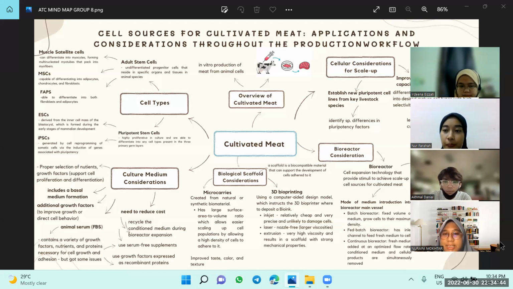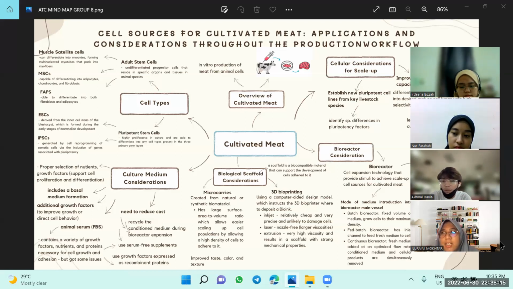The next one is the MSC, which has the capability of differentiating into adipocytes, chondrocytes, and fibroblasts. The next one is the FAP, which we consider a separate mesenchymal cell population that resides in the interstitial space of the skeletal muscle.